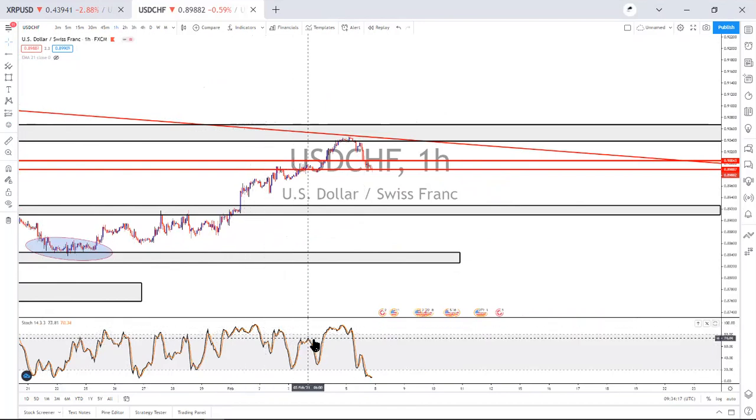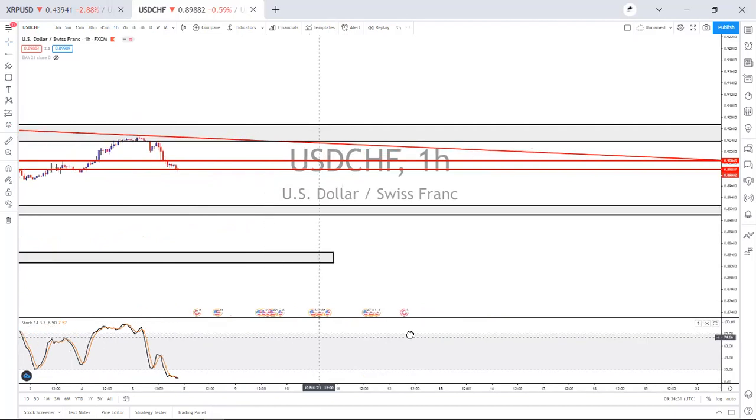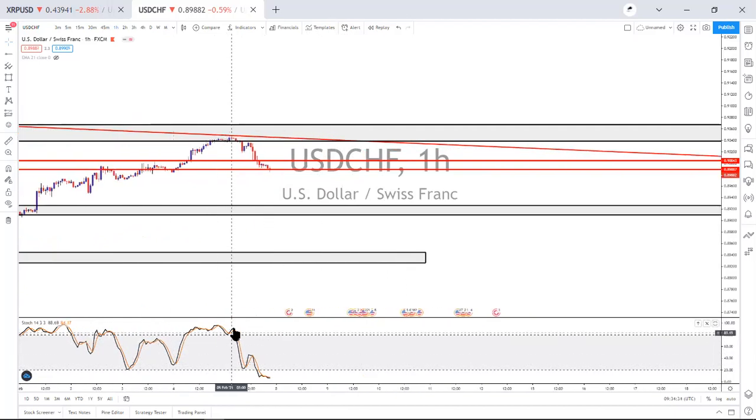You just need to find where the overbought and the oversold levels are. For your stochastic, you'll be hoping to see the K moving average and the D moving average of the stochastic cross over themselves, for instance here, at this point in time this way, and then spread its tentacles down, pointing downwards, and then you would have more confirmation or more confluences on how to take that trade.